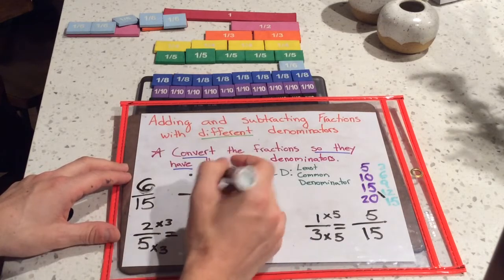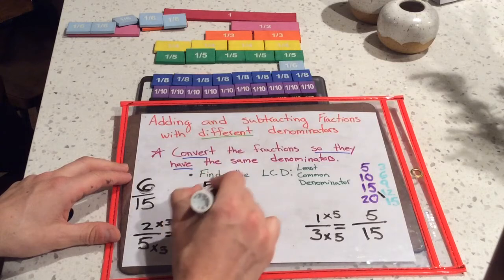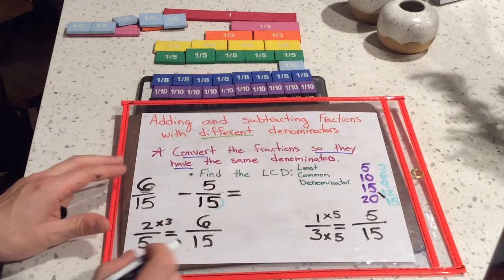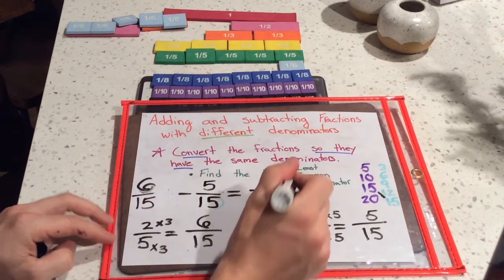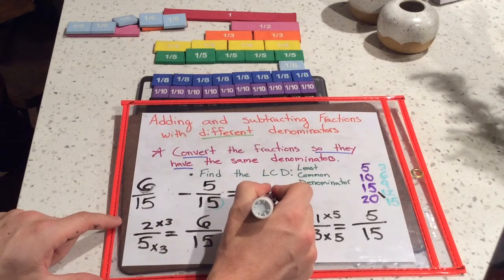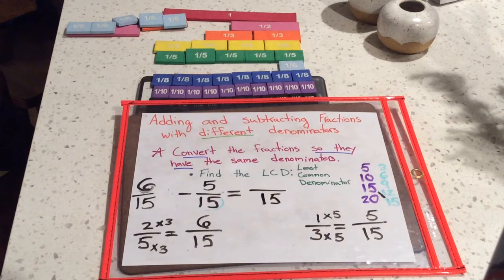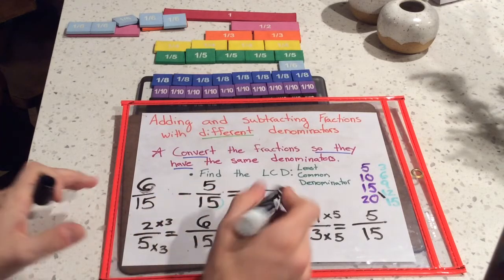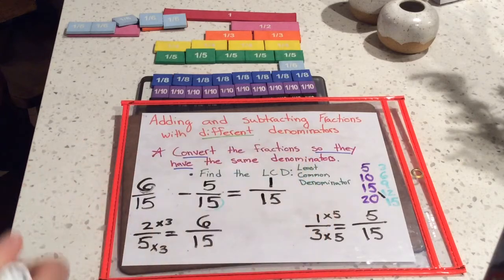That's an even trade again. When they have the same denominator, it does not change. And then we treat the numerator like a normal subtraction question. 6 minus 5 is 1.